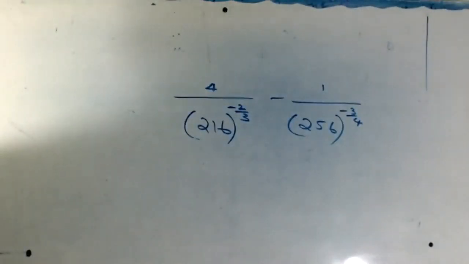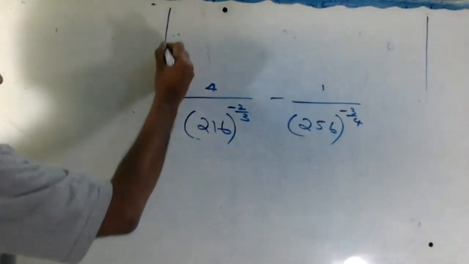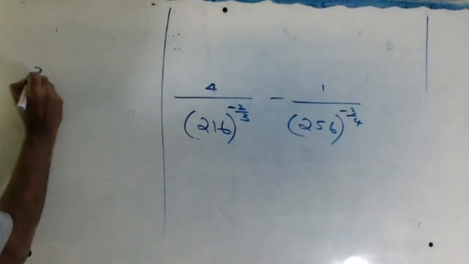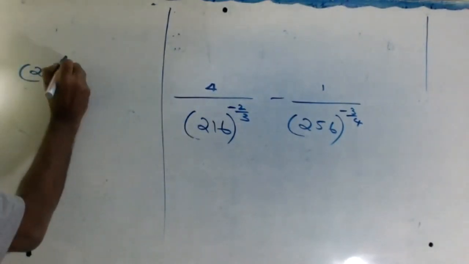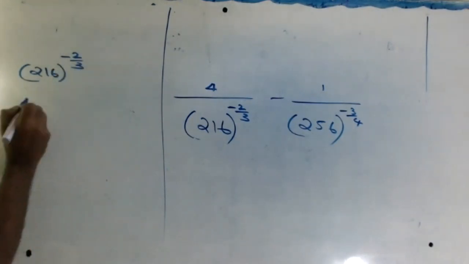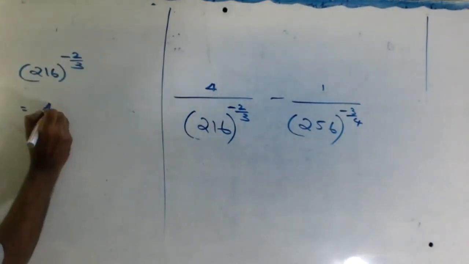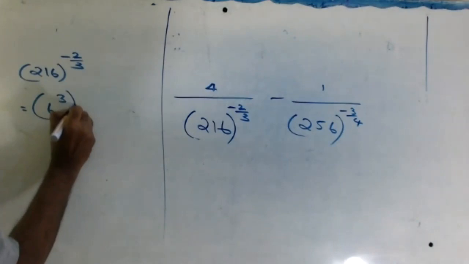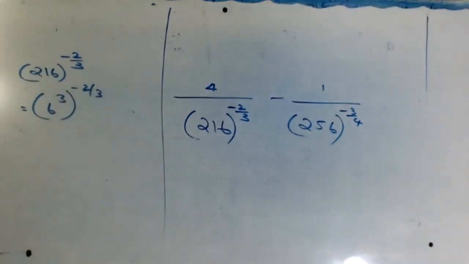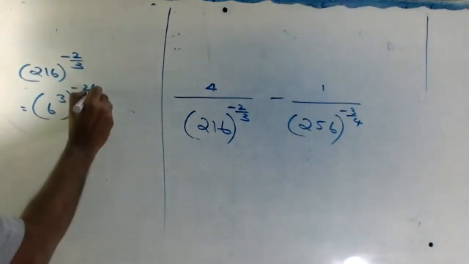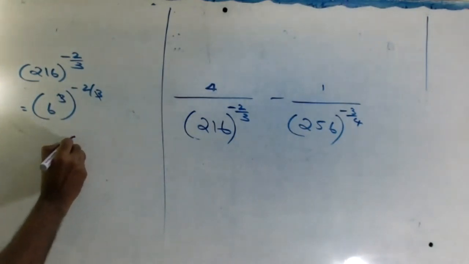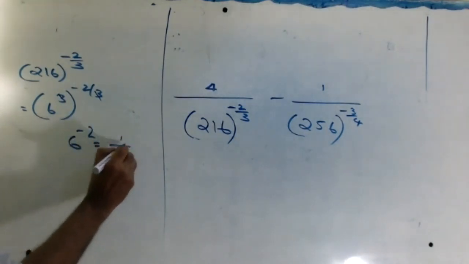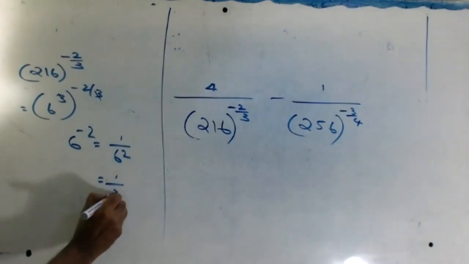So I took this part, 216 whole raised to minus 2 by 3. We know that this is 6 raised to 3 whole raised to minus 2 by 3. This is cancelled. 6 raised to minus 2 equals 1 by 6 square equals 1 by 36.